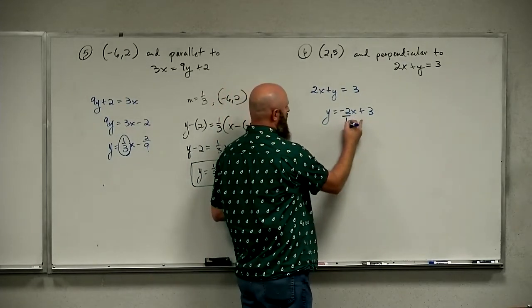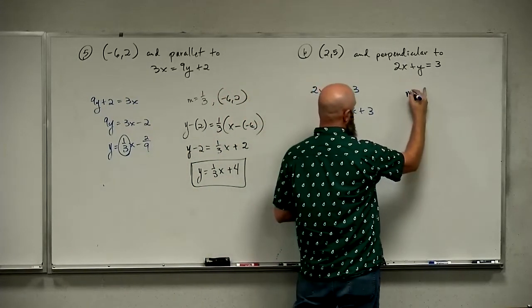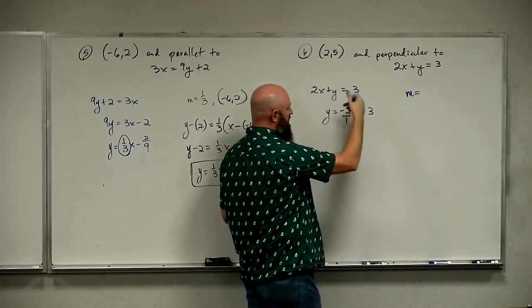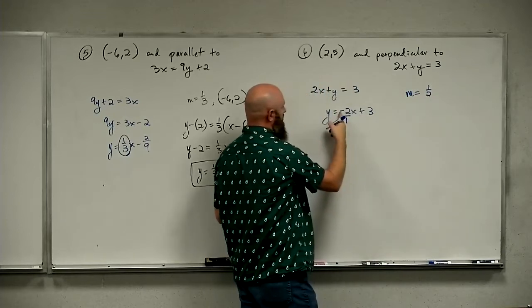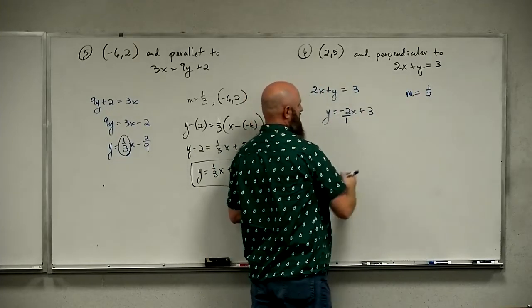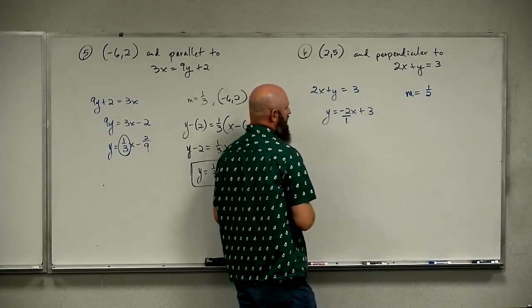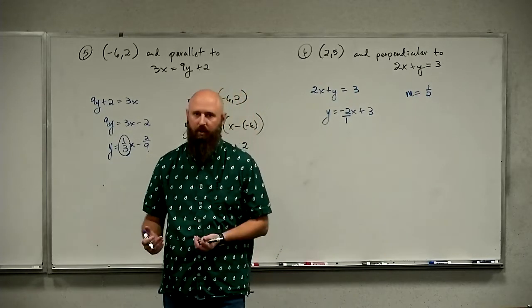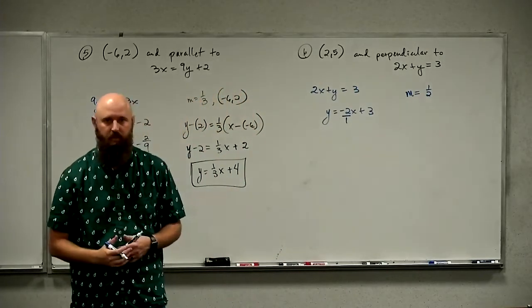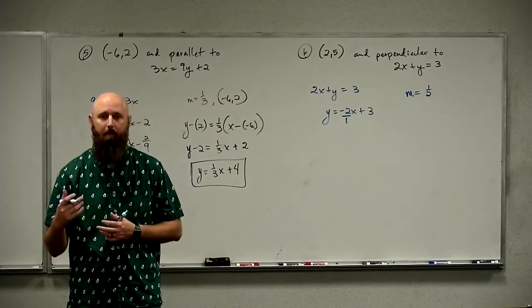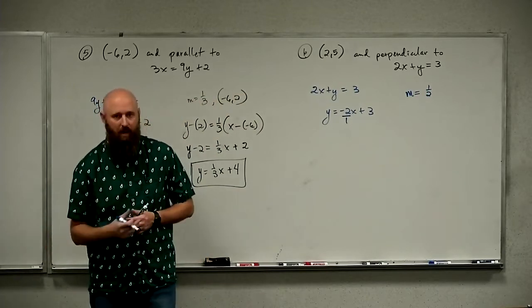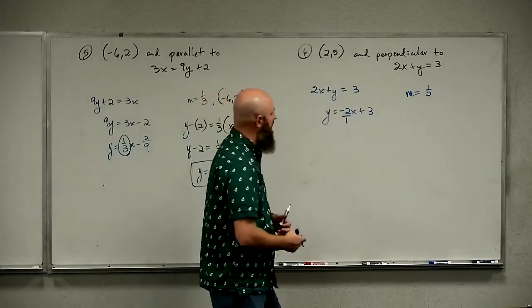So we're going to put this as -2 over 1. So the slope I want to use, I'm going to flip that over and change this from negative to positive, okay? So again, we want to flip that over and change the sign. So if it was positive, we would make it negative. Since it's negative, we made it positive. And we flip that fraction every single time.